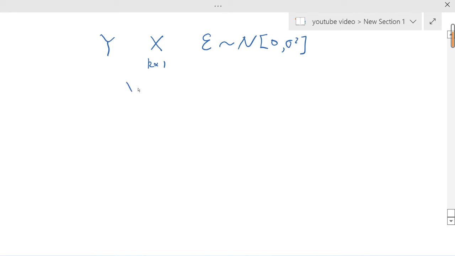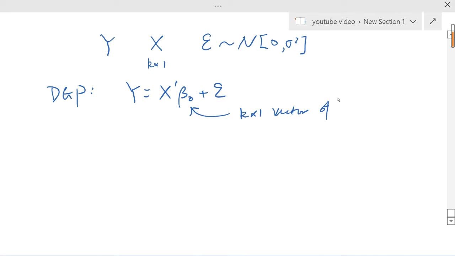And we know that y is equal to x prime beta 0 plus epsilon. So that's the data generation process, where beta 0 is a k by 1 vector of the true value of the parameters.